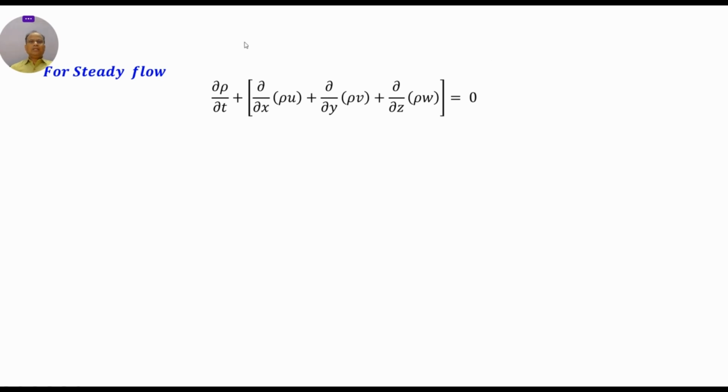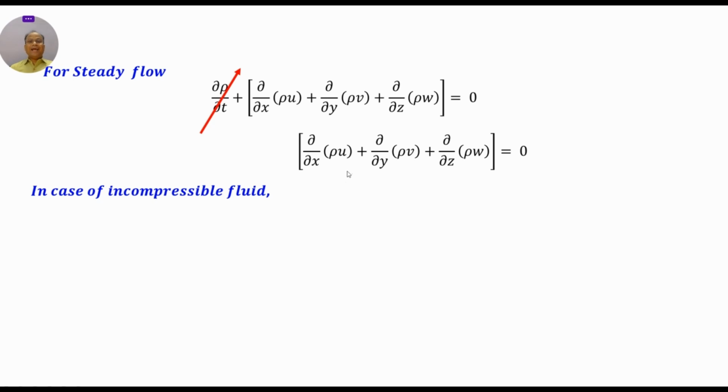So here this is your continuity equation, and we take this condition: the flow is a steady state flow, so ∂rho/∂t cancels out. The remaining equation is ∂/∂x (rho u) plus ∂/∂y (rho v) plus ∂/∂z (rho w) equal to 0. This equation is applicable when our fluid is flowing under steady conditions.